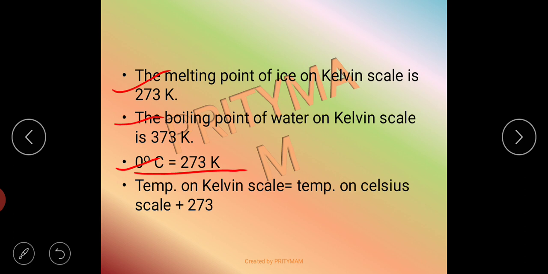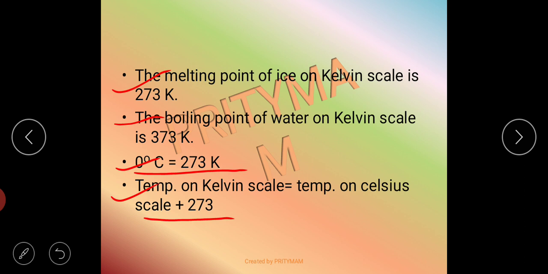Then what is the relation between the Kelvin scale and the Celsius scale of temperature? How are we going to find out? It's very simple. Temperature on the Kelvin scale will be equal to temperature on the Celsius scale, and then we are going to add 273 to it. And this relation can be used to convert the Celsius temperature into Kelvin temperature, or Kelvin temperature into the Celsius temperature.